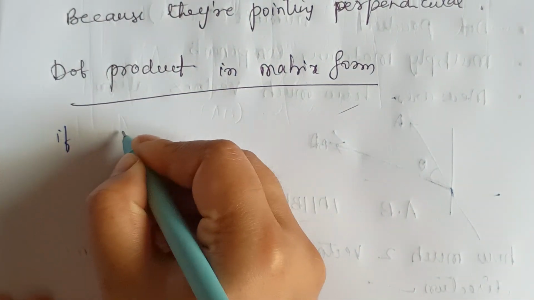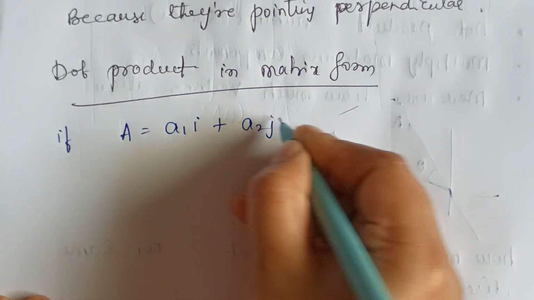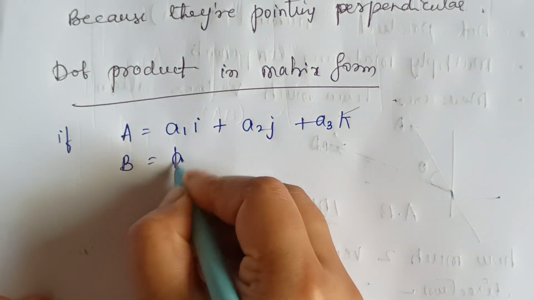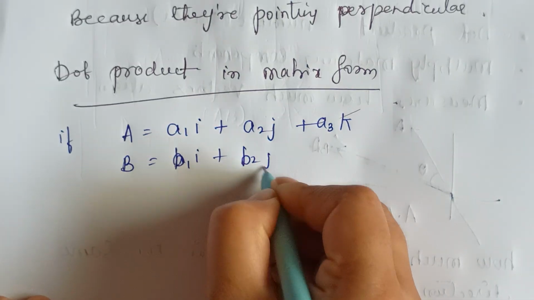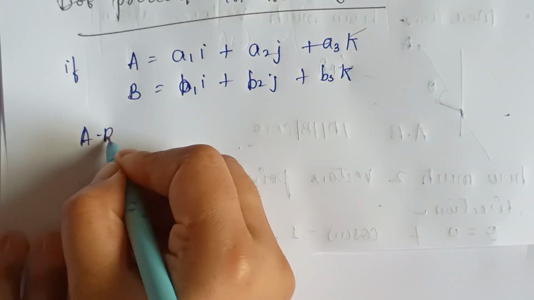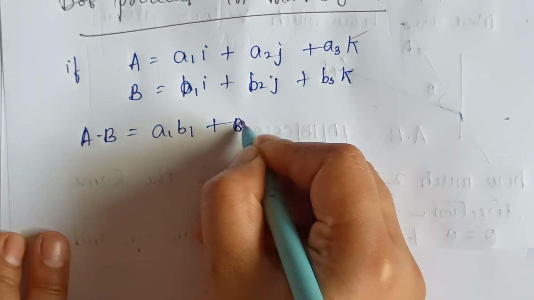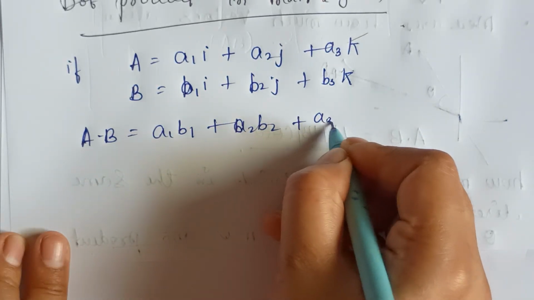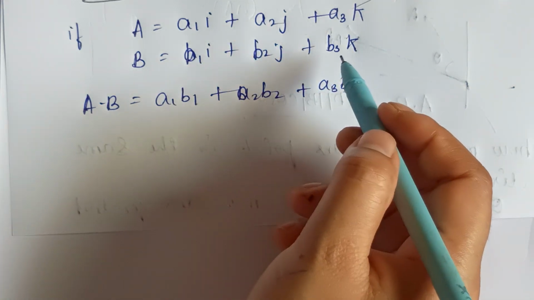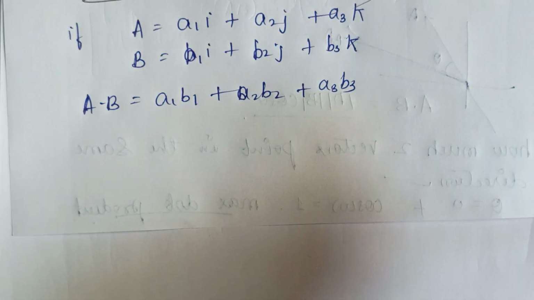If A equals A1 i plus A2 j plus A3 k, and vector B equals B1 i plus B2 j plus B3 k, then A dot B equals A1 B1 plus A2 B2 plus A3 B3. So just multiply the matching components and then add them up. It's super easy, right?